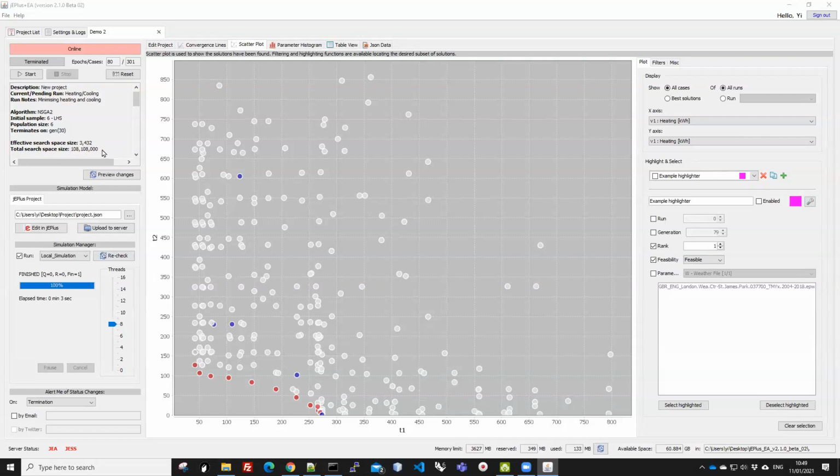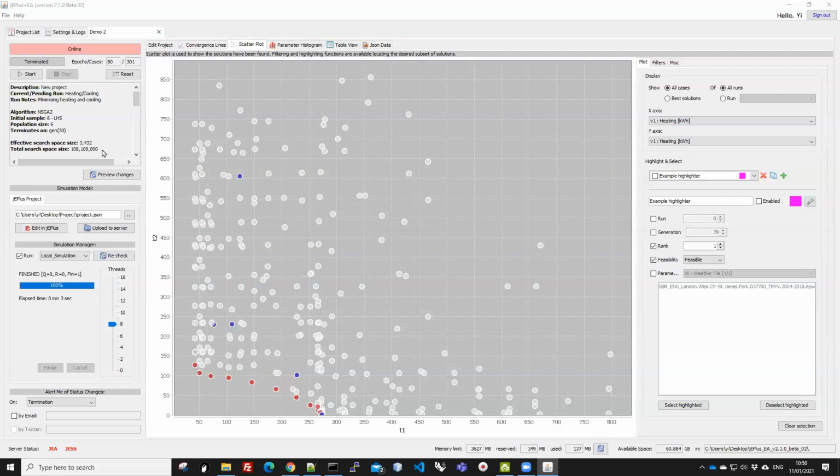Something like 500 or 1,000 simulations would give you a reasonably good set of results. There's no guarantee that they will be the so-called optimal solution or the best solutions, because the optimization algorithm used here, which is called a genetic algorithm, doesn't guarantee finding the absolute best solutions.